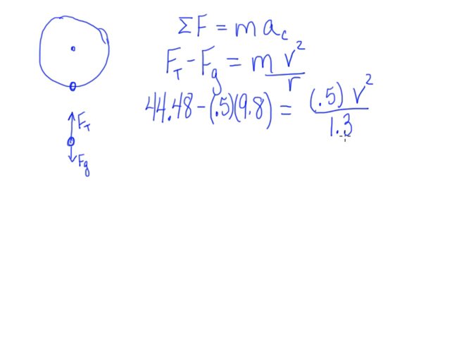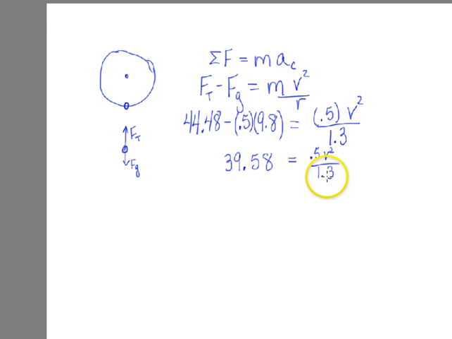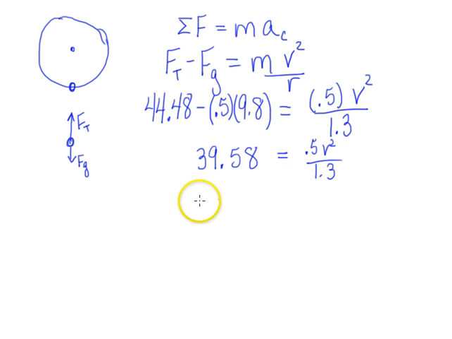So first let's simplify the left side of our equation. So we have 44.48 minus 1/2 times 9.8, that's 4.9. So that's going to give us 39.58, and that's going to equal the 0.5 times v squared over 1.3. So what I'm going to do is multiply by 1.3 and divide by 0.5.